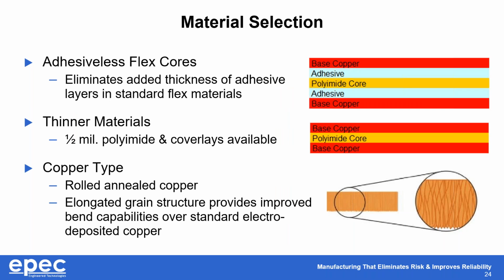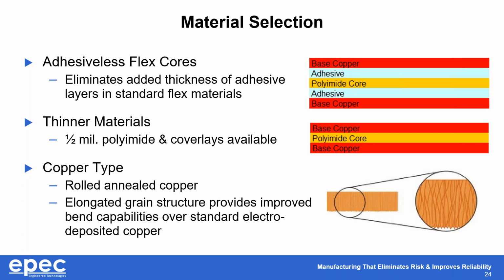And material selection, I just wanted to touch upon this quickly. There are 2 types of material available. In the example on the right-hand side, the upper one is your traditional polyimide or flex core material. The copper is attached to your central polyimide core by means of 2 layers of adhesive.